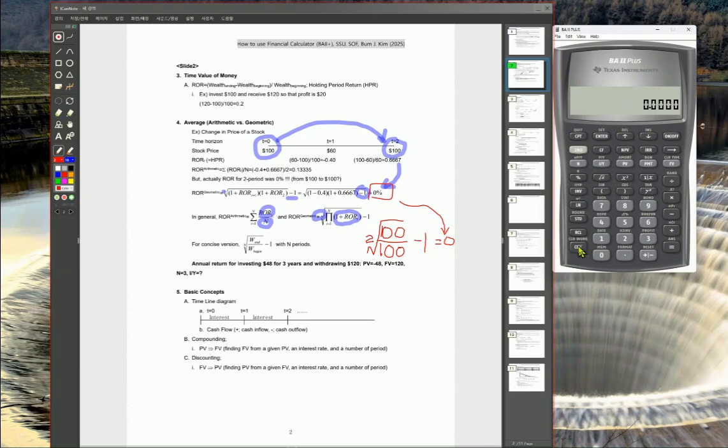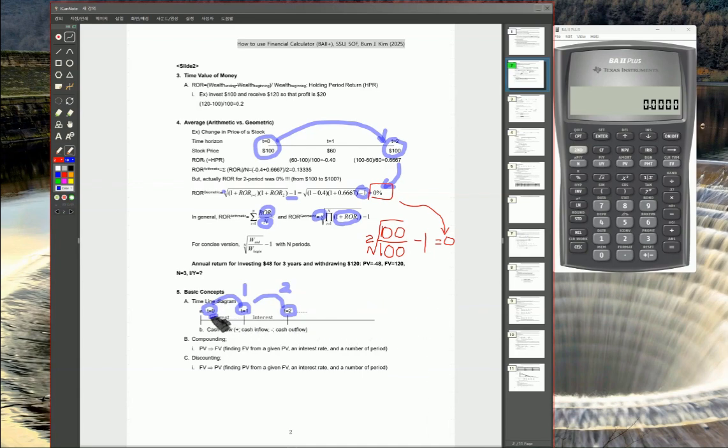Now before we wrap up this exercise of slide 2, let me go ahead and explain a little bit about the basic concepts of the timeline. As you can see on this timeline, here we have 1 period, so n is 1, and the 2nd period, n is 2. So n is always indicating the number of periods.